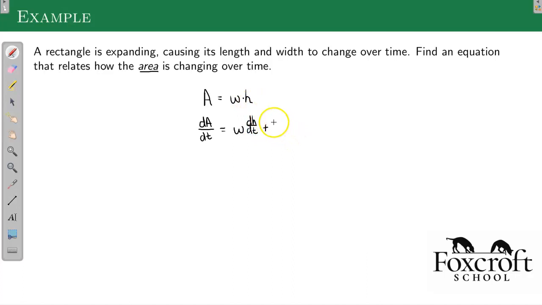Plus, now we keep h the same, and the derivative of w with respect to time is dw/dt. Now we could start plugging in quantities. If we knew how the height's changing, how the width's changing, what the width is, and what the height is, we could figure out exactly how the area is changing with respect to time. This is just something to remember. These are going to come up a lot in related rate problems, and also remember your derivative rules.